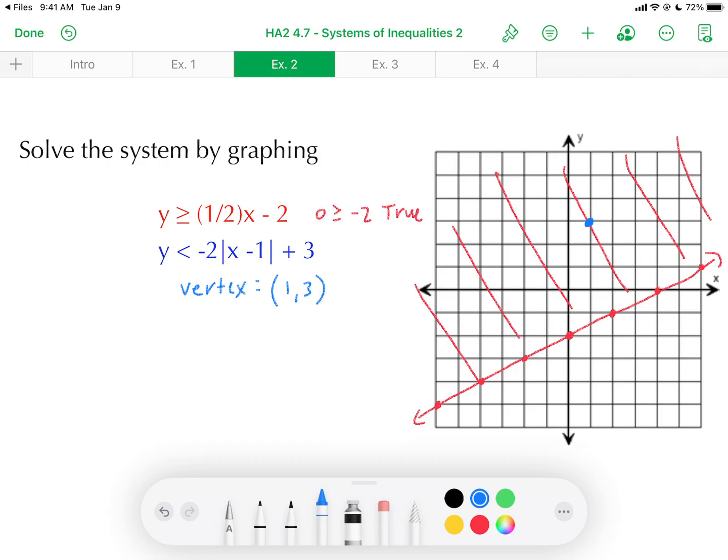It tells you which way it opens, up or down, and how steep each side of the V is, right? The fact that it's a -2 means the V opens down. So from this vertex, let's go down 2, right 1, or down 2, left 1, and just repeat the process.